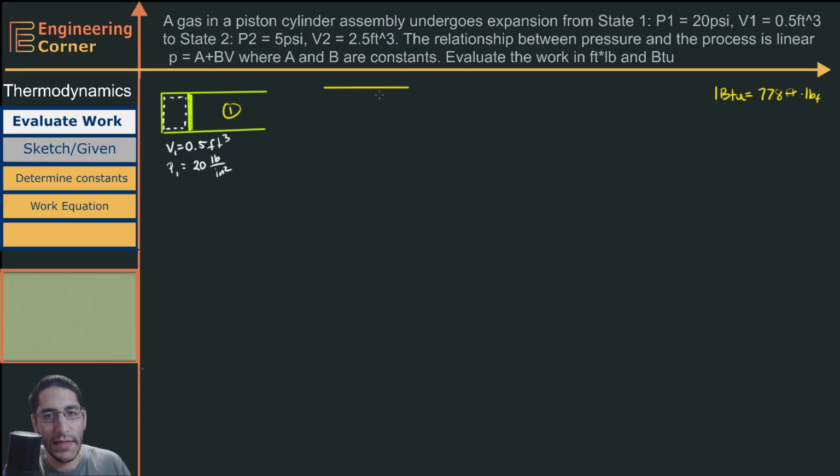Now I'm going to draw what's happening in state 2. In state 2, it says I have expansion, and the values agree with that. So my piston is going to move this way, and this chamber, this volume I'm looking at, is going to get bigger.